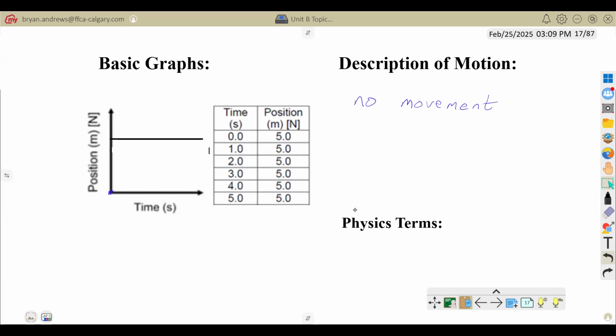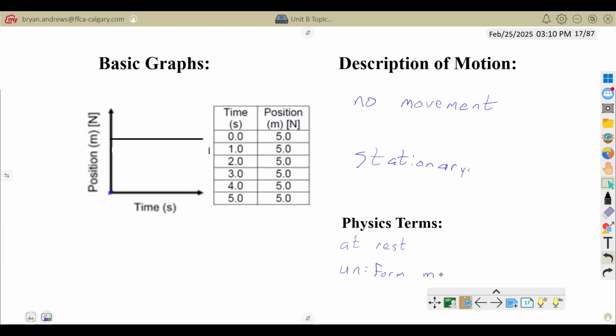It is stationary is another way that we could describe it. Now, let me make that look a little more like an 8. Now, in physics terms, we would say that the object is at rest. But we would also say that this is an example of uniform motion.